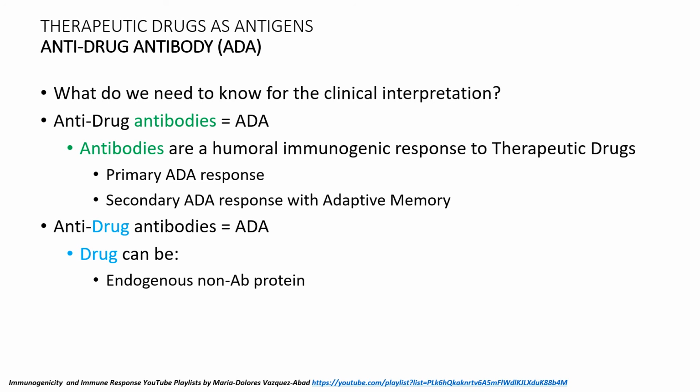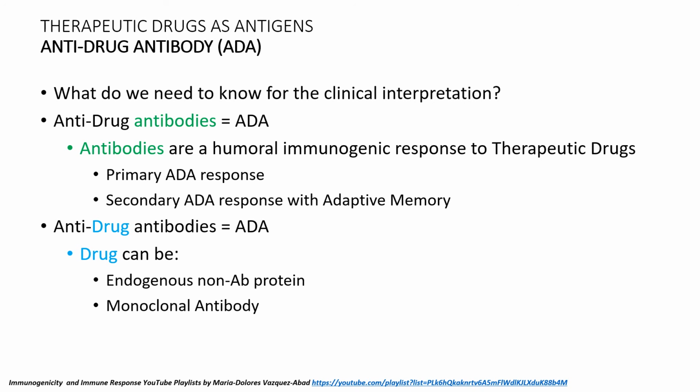There are a lot of issues about mounting an anti-drug antibody to an endogenous protein like insulin, for instance, because we could be generating antibodies to self protein, and that can cause very important follow-up safety issues. So just make sure that you understand what drug you are using when you're interpreting these anti-drug antibodies.